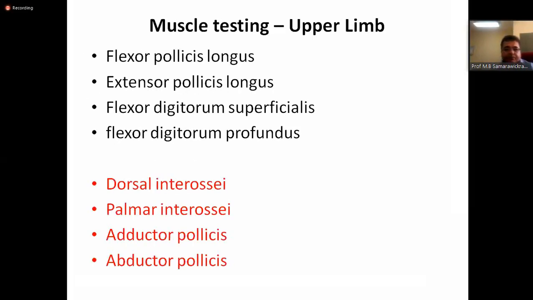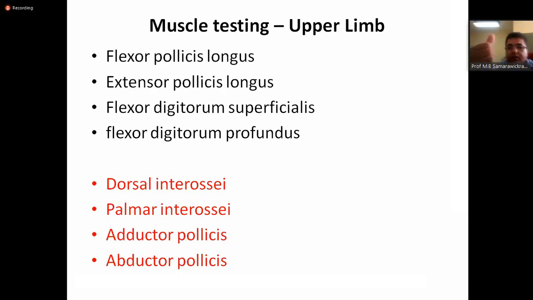Right. Then in the upper limb, you also have to know how to test the flexor pollicis longus, extensor pollicis longus, flexor digitorum superficialis and flexor digitorum profundus. Flexor pollicis longus flexes the distal phalanx of the thumb.